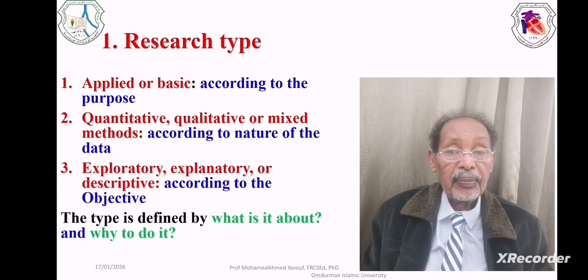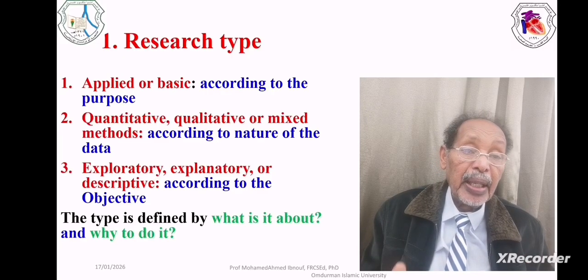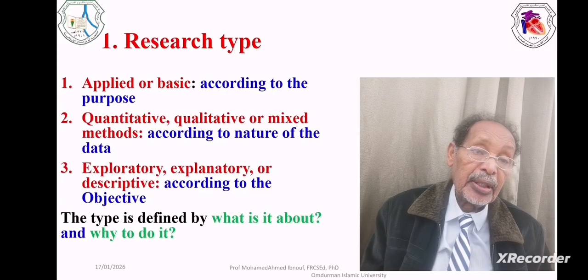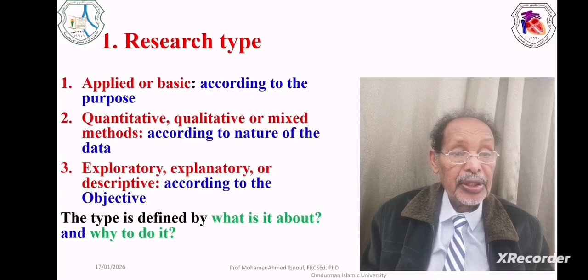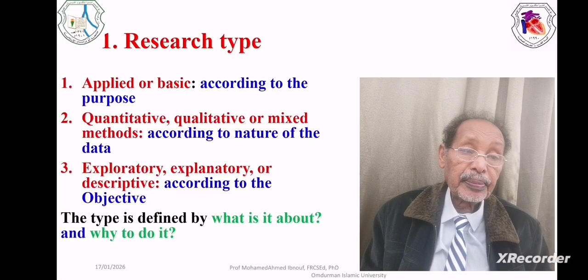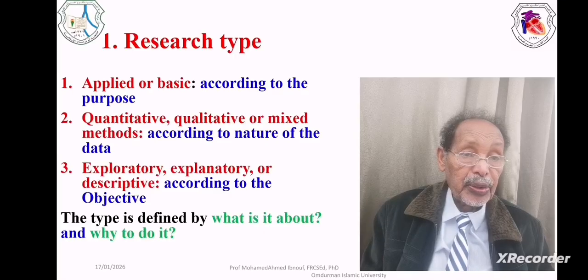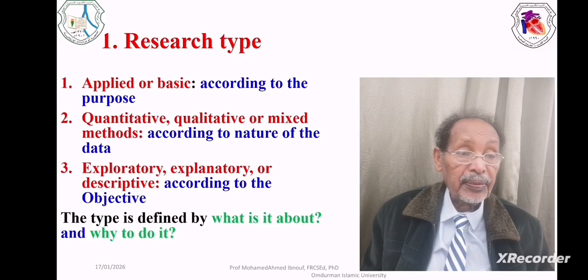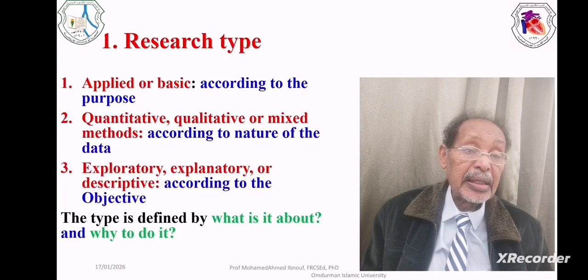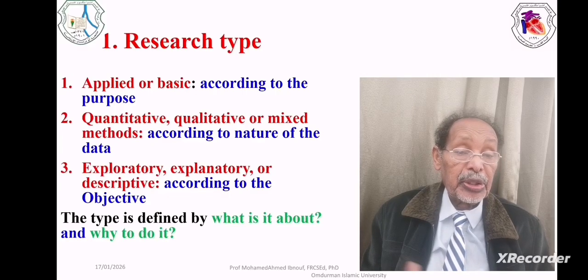In addition, the explanatory explains the causation, or the effect, or the prediction of a cause of a disease or a phenomenon or a problem. So there are three types of research described according to the purpose, being applied research or basic, according to the type of data, being quantitative, qualitative, or mixed method, or according to the objective, being explanatory or exploratory or descriptive research.